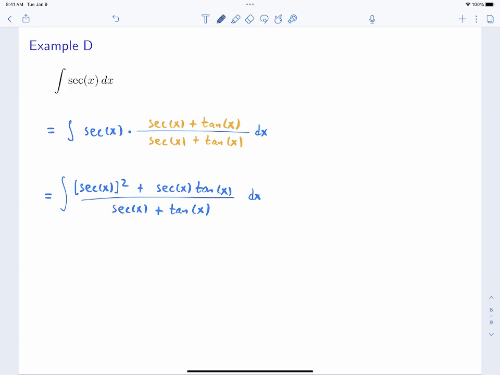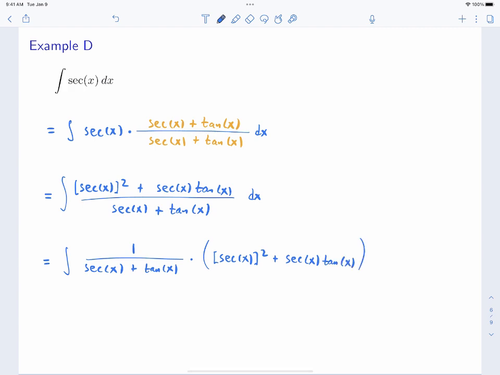So let's just rewrite this as the integral of 1 over secant x plus tangent x, all of this in the denominator, times secant x squared plus secant x tangent x, dx. Now my claim is that if I let u be secant of x plus tangent of x, then du is all of this right here. And we can check that.